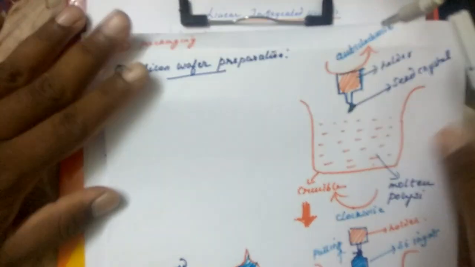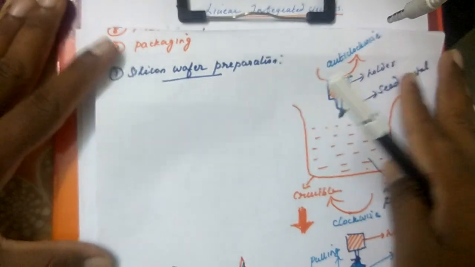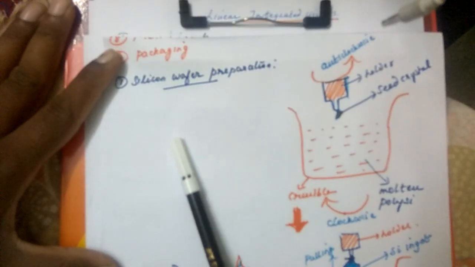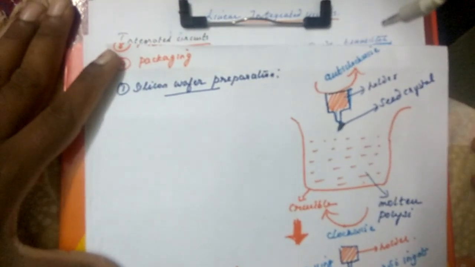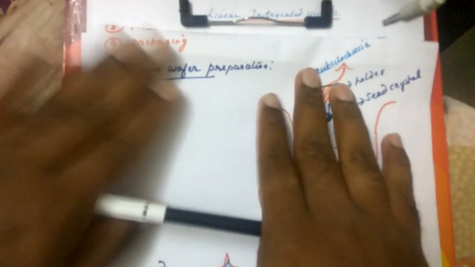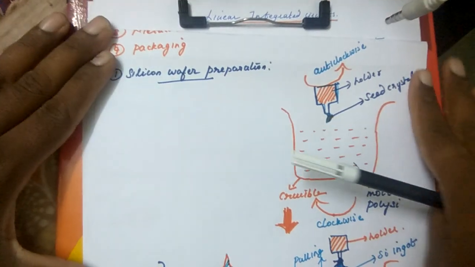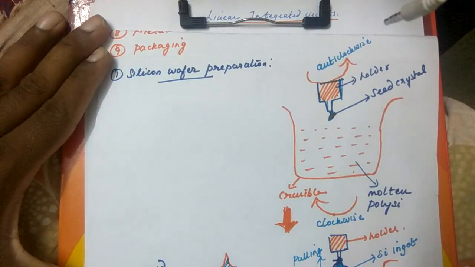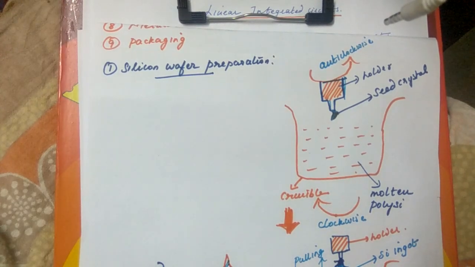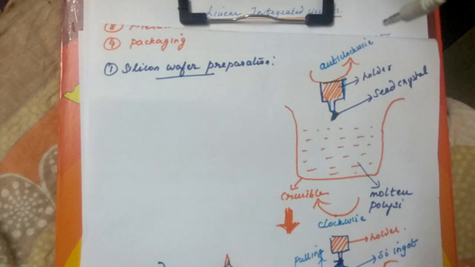So now let me start with the first fabrication process, silicon wafer preparation. As you know, the wafer is the base of any integrated circuit.